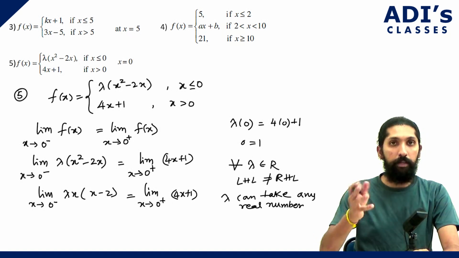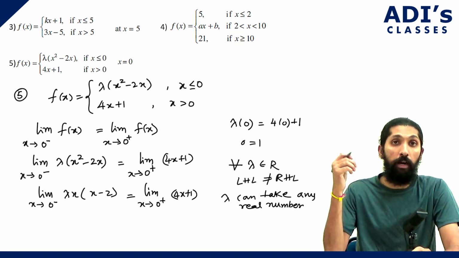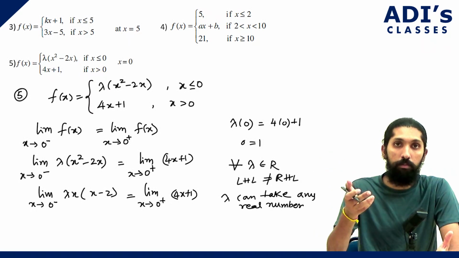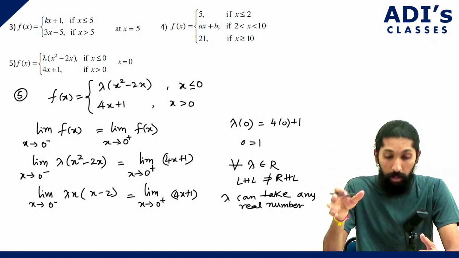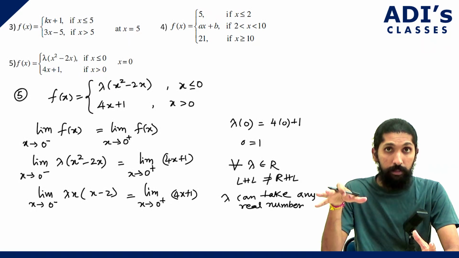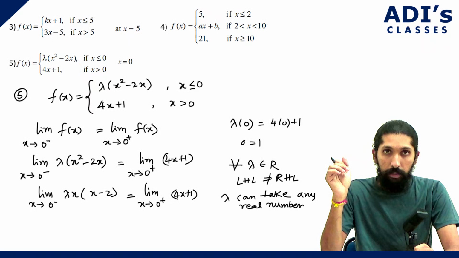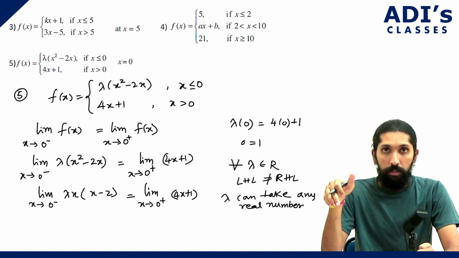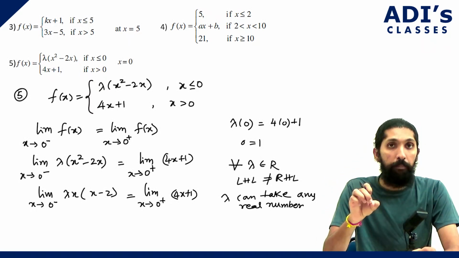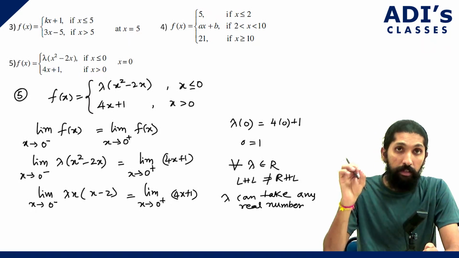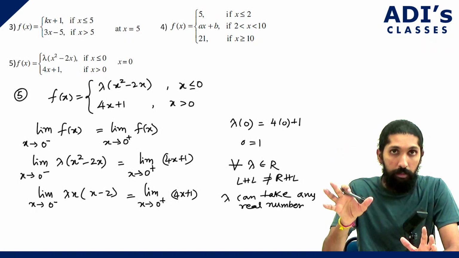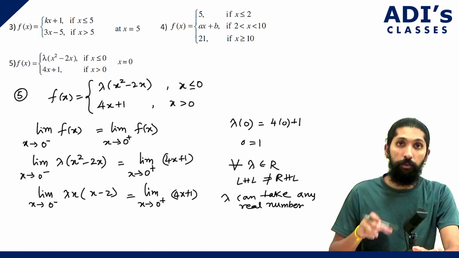Because anyway it doesn't matter. You can have lambda to be 100 or 100,000 or 0 also. Makes no difference. So for the last one, for all lambda belonging to the set of real numbers, LHL is not equal to RHL. So lambda can be any real number. Understood? So this is the answer for the fifth one.